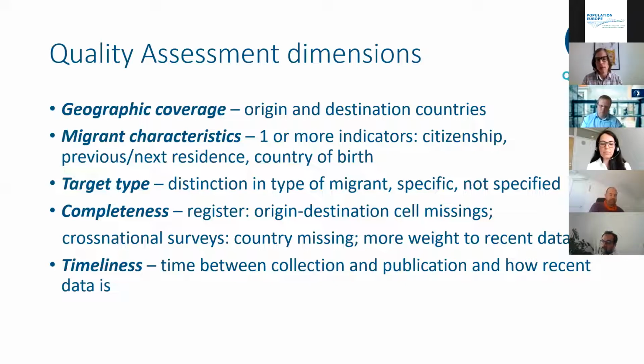Also in this dimension, we give a little bit more weight to the more recent data, to show whether more recently they've been improving. And then the timeliness is about the time between data collection and publication, and also generally how recent the data is.